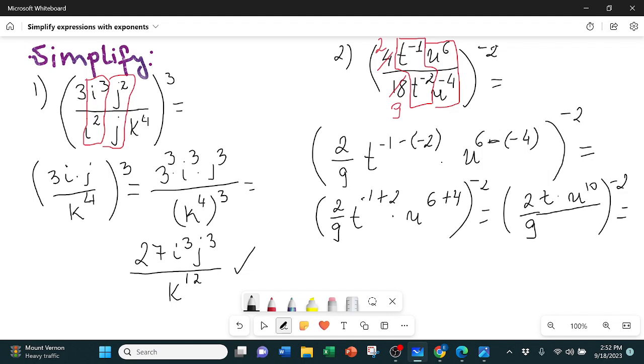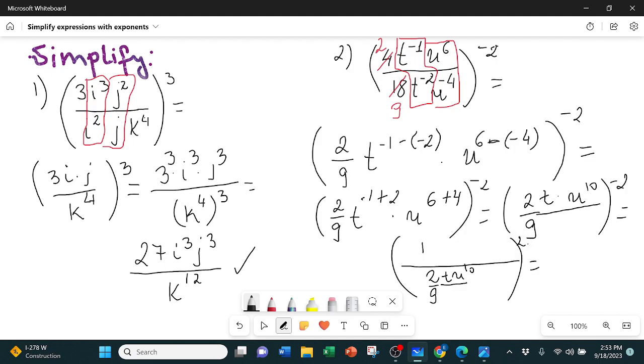Since the power is negative 2, how are we going to simplify that? One way to do it is 1 over the reciprocal. So 1 over 2 over 9 t u to the 10th power, and the whole thing to the 2nd power.